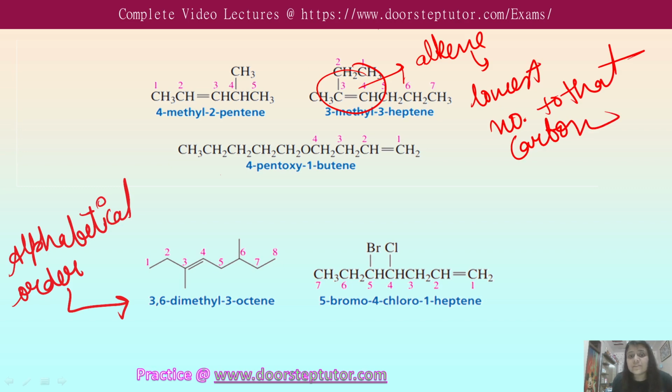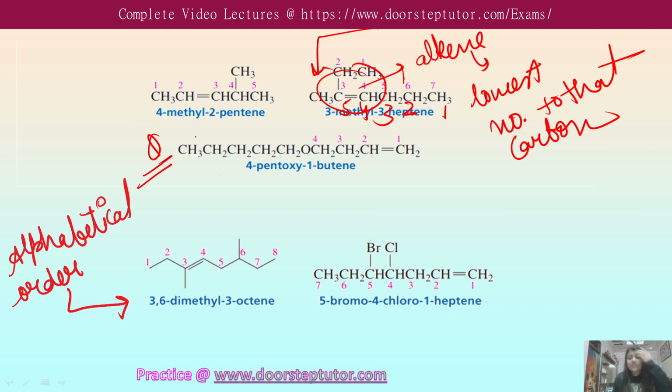That's why the numbering starts from this side, not from this side, because if the numbering started from this side, like 1, 2, 3, 4 and 5, it would be a 4-heptene, but we want the 3-heptene. So we have given the lowest priority to the alkene system. Consider this example next, that is 4-pentoxybutene.